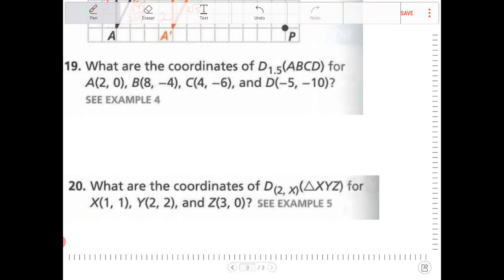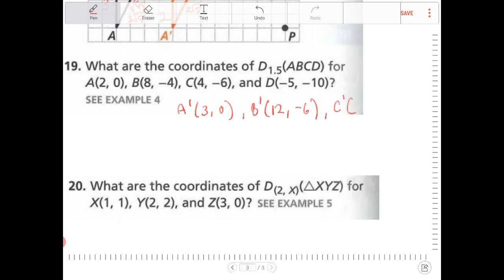Okay, what are the coordinates of the dilation of 1.5 of ABCD? Again, all we've got to do is multiply all the coordinates by 1.5 because we're dilating over the origin. So 2 times 1.5 is 3. 0 times 1.5 is 0. B prime, 1.5 times 8 is 12. Negative 4 times 1.5 is negative 6.